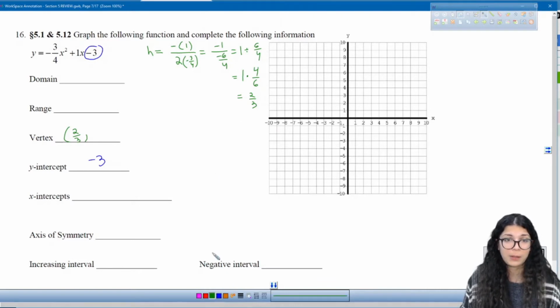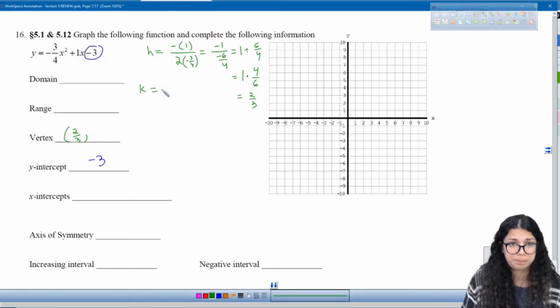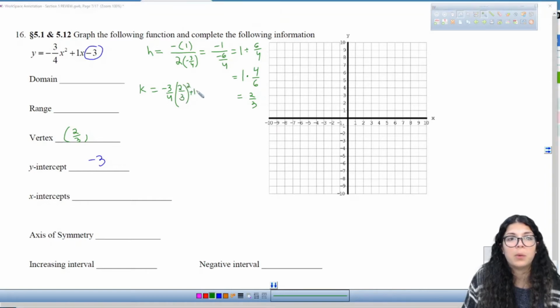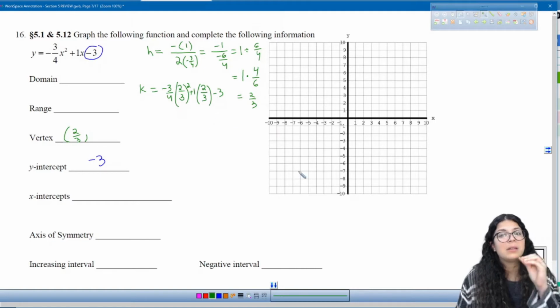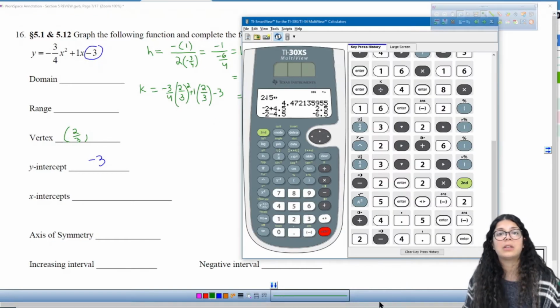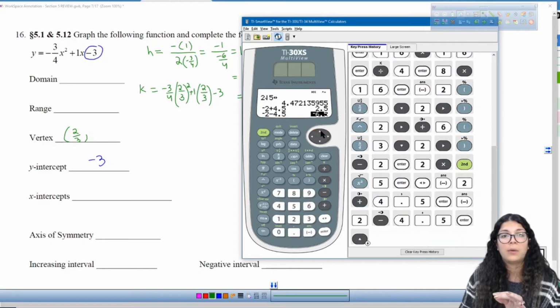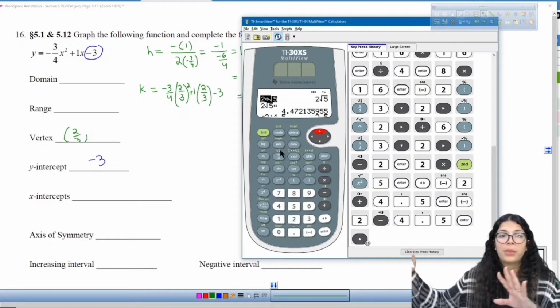Now we need to find the y value. How do we find the y value? Well, we plug it into the function. So -3/4 times 2/3 squared plus 1 times 2/3 minus 3. Again, to save time, I highly suggest you guys just use your calculator, right? And then like I showed you up here, you could just plug the whole thing in.